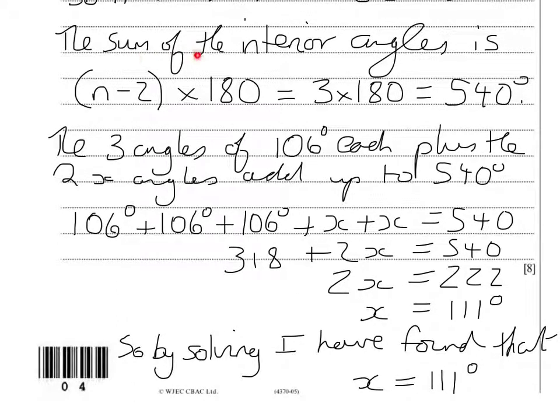The sum of our interior angles is n minus 2 times 180, which equals 3 times 180, which is 540 degrees. The question then told us that the three angles of 106 degrees each, plus our 2x angles, would add up to give that total of 540 degrees. Writing that as an equation, we've got 106 and 106 and 106, plus our 2x, which gave us 540. By solving it, we've ended up with x equals 111 degrees.